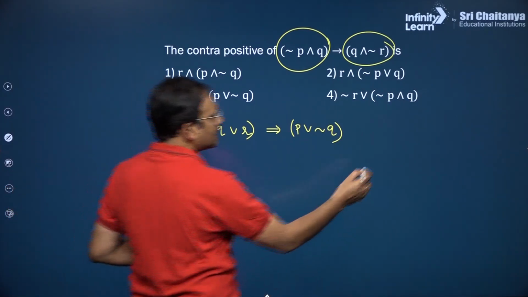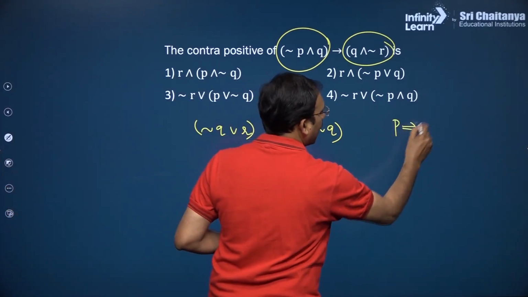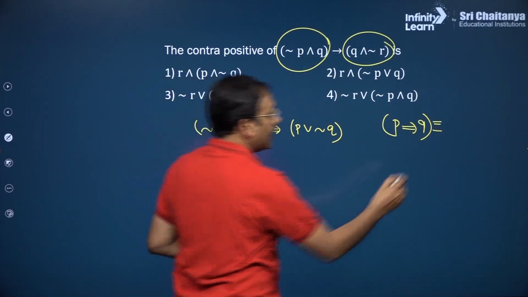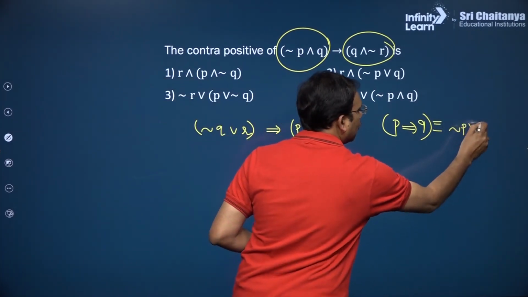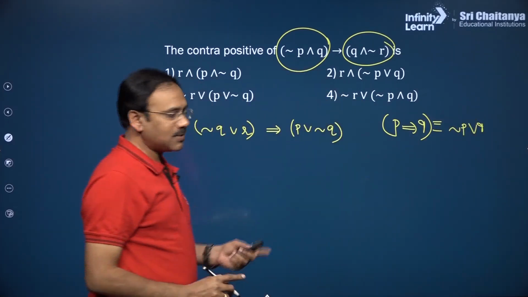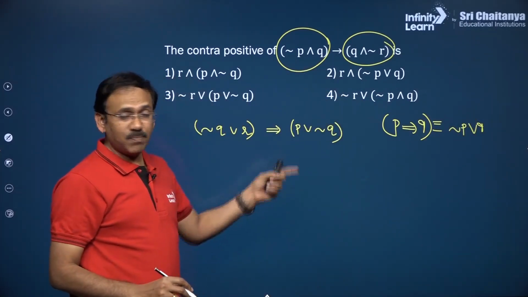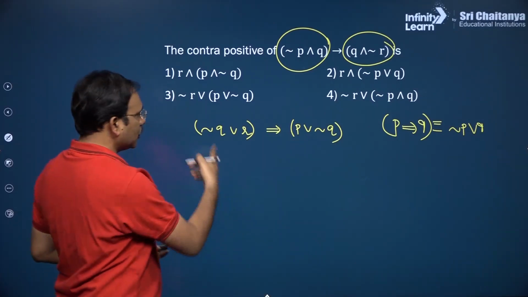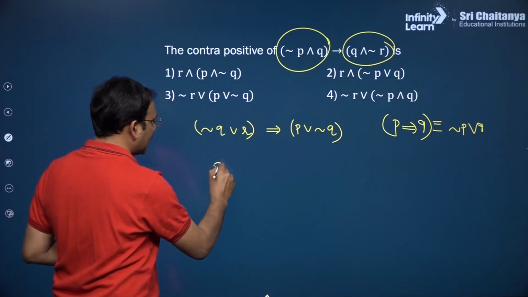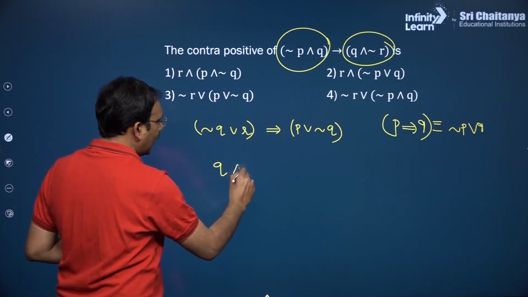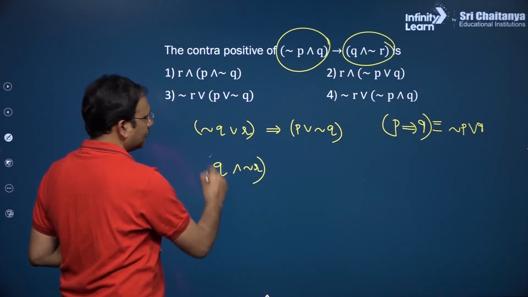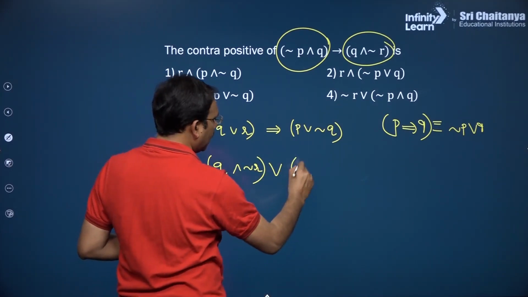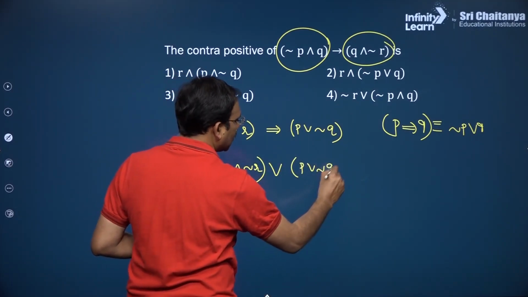Rather, my dear friends, I think you know P implies Q can always be written as negation P or Q, because the negation of P implies Q is P and negation Q, whose negation is negation P or Q. So this is equivalent to its negation, meaning Q and negation R, this is negation P or Q, which is going to be P or negation Q.